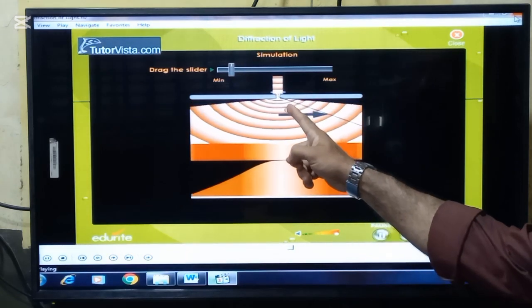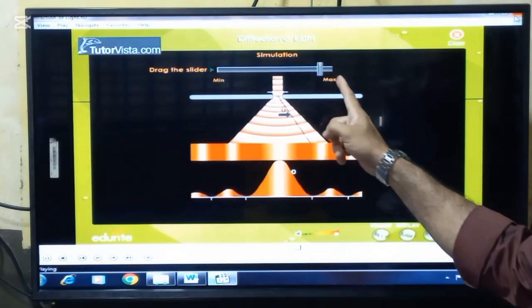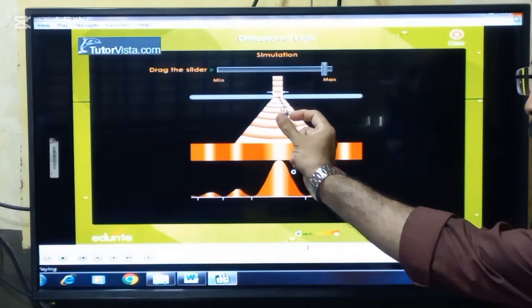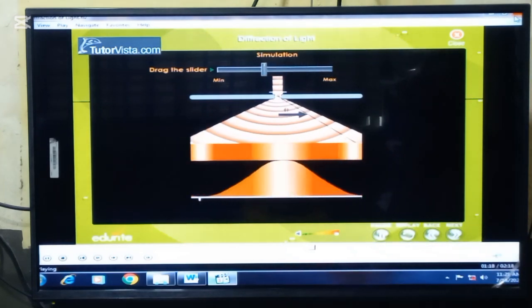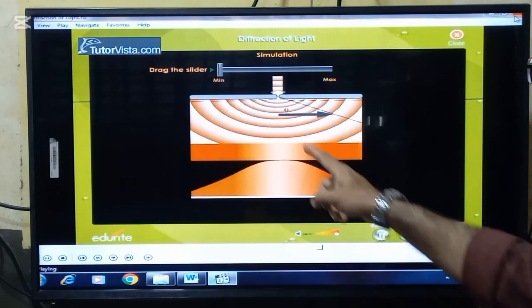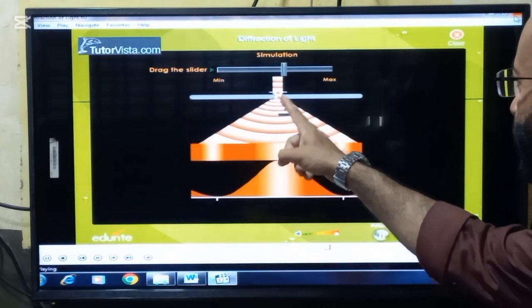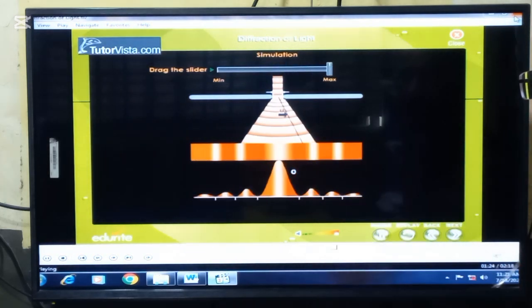Now the slit is opened. Look now, the size is widening. Look at the shape of the waves. We observe that the process of diffraction becomes much more pronounced when the dimensions of the slit are comparable to the wavelength of light.